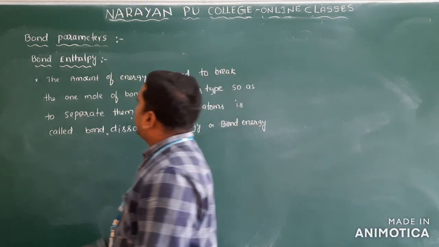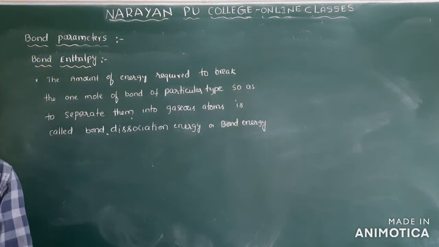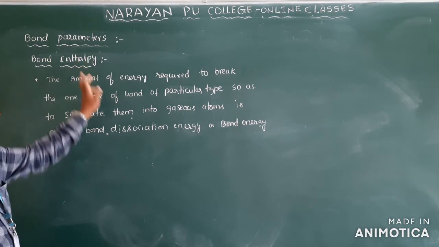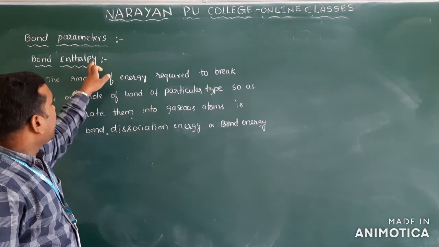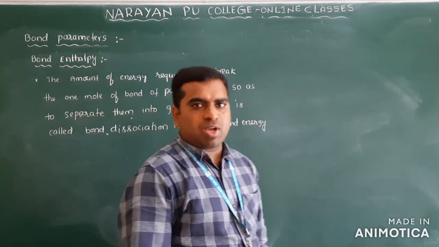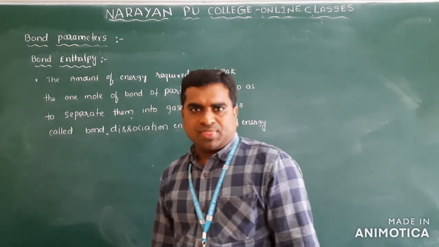So the next bond parameter is bond enthalpy. Bond enthalpy, or bond dissociation energy, or simply bond energy, can also be called. Clear? So what is bond enthalpy?